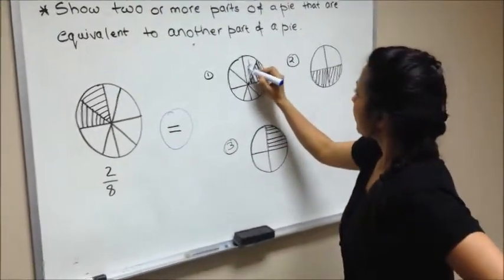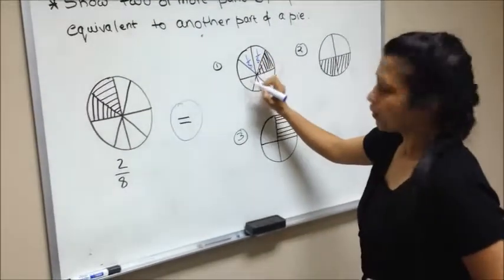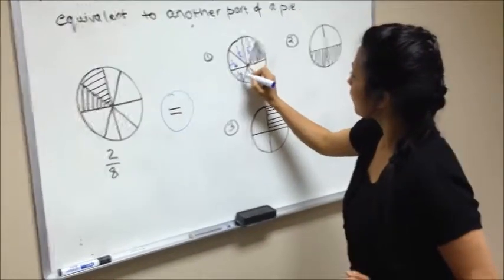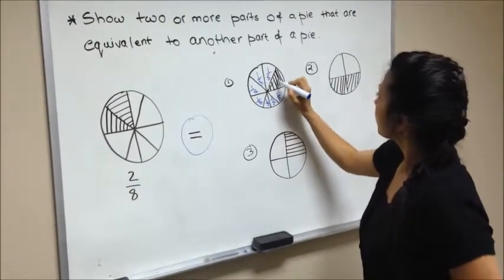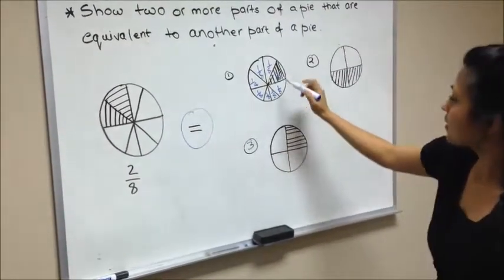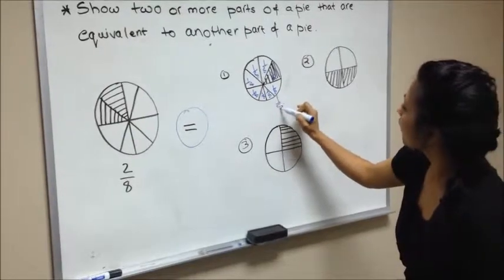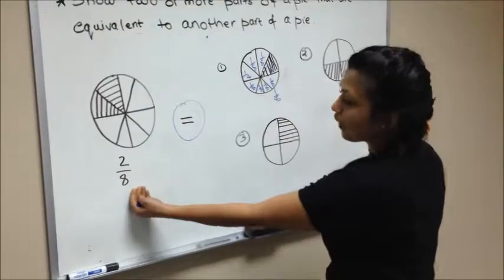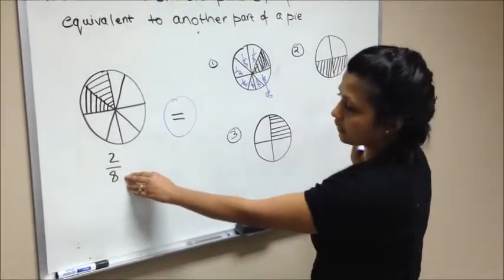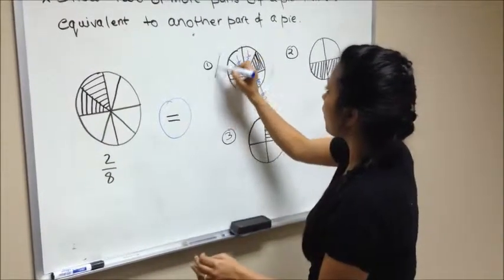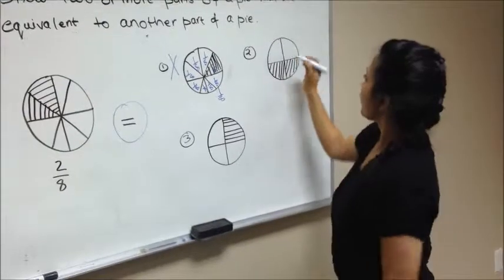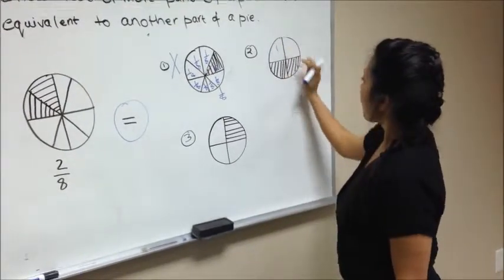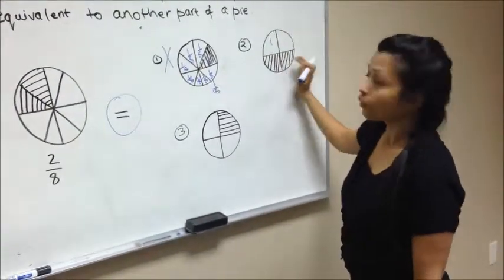So let's consider this first. This is 1/8, 1/8, 1/8, 1/8. So this tells us that this is 1/8. And we have to find the fraction that is equivalent to 2/8. So this is not the correct answer choice. Number 2, the pie has been divided into 4 equal parts.